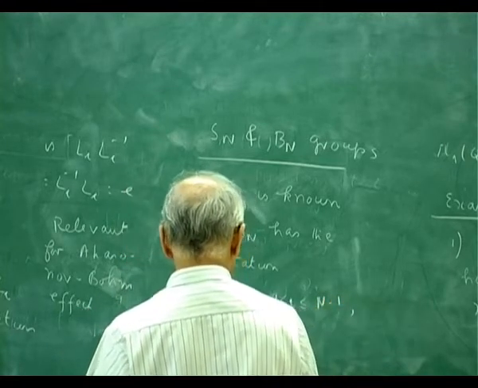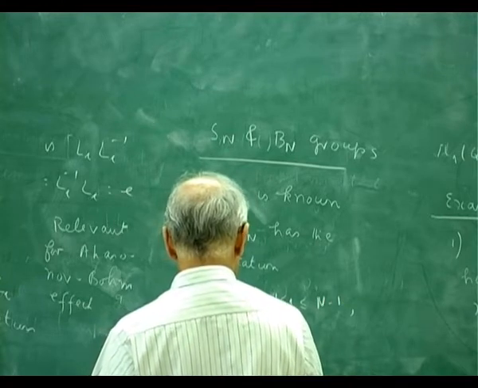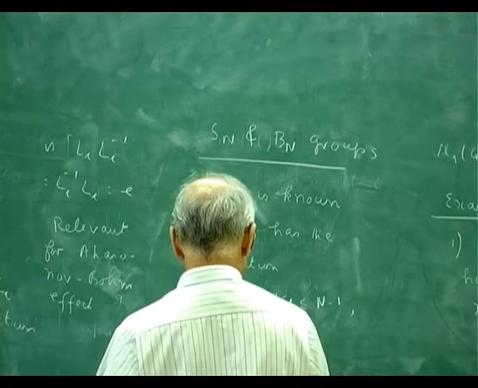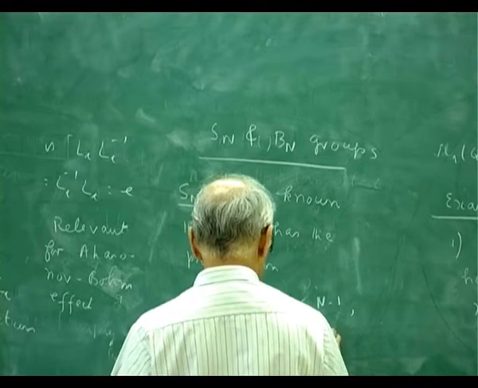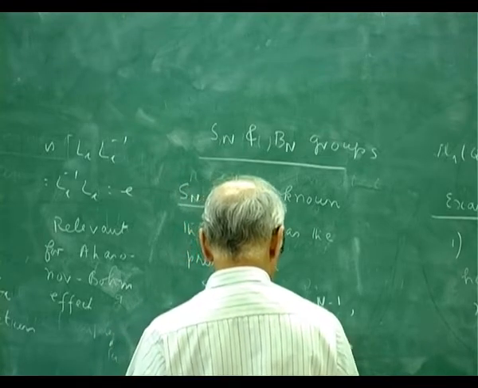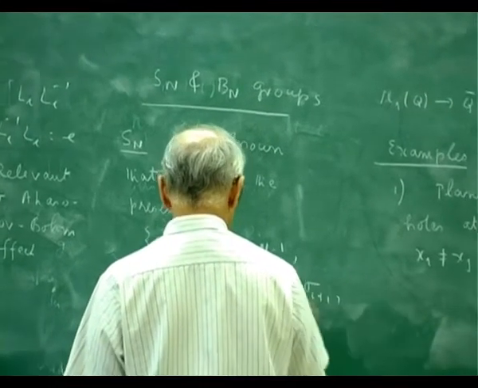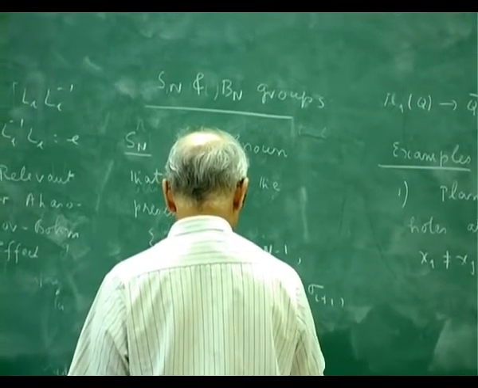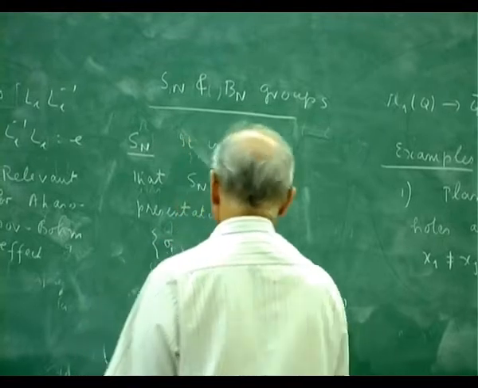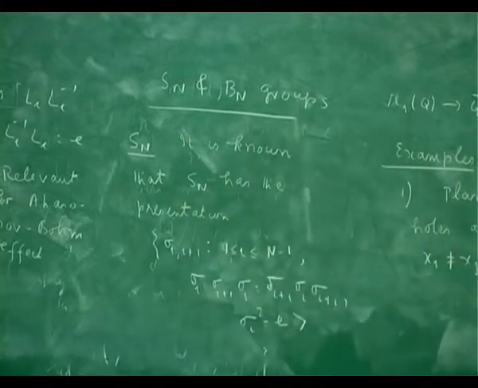Then the relations: sigma i sigma i plus 1 sigma i is sigma i plus 1 sigma i sigma i plus 1, and sigma i squared is the identity.